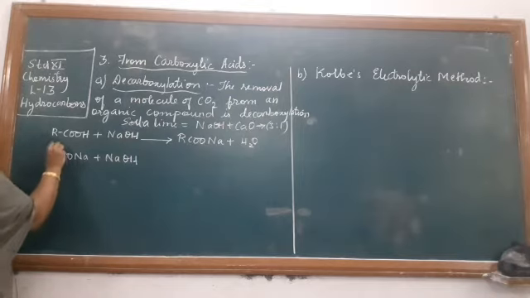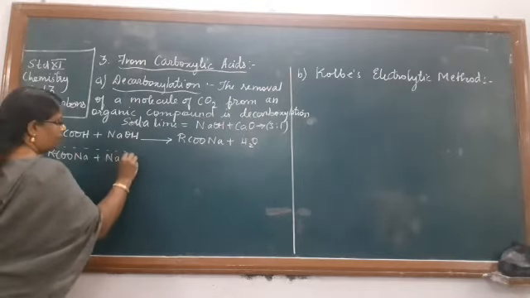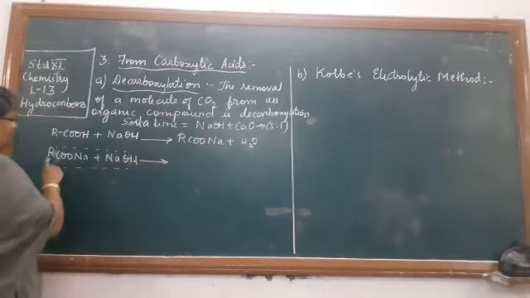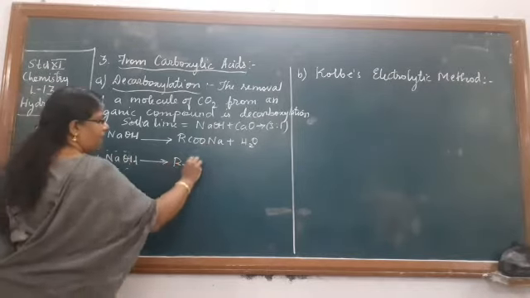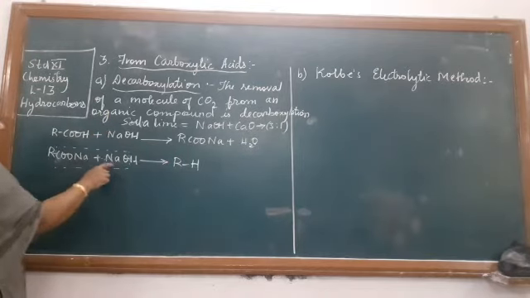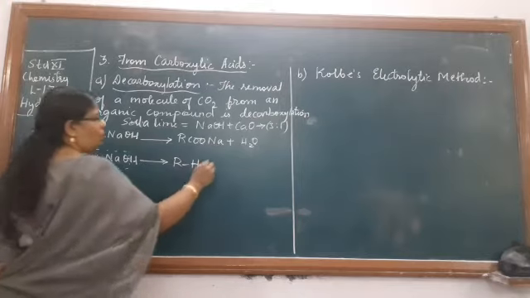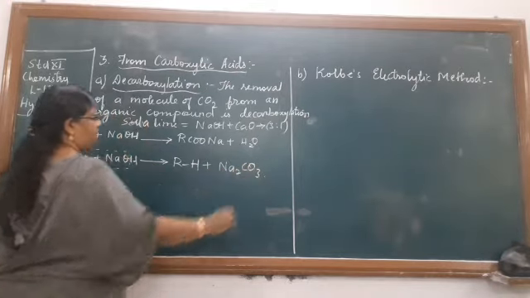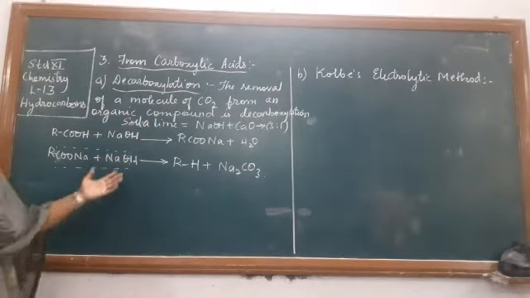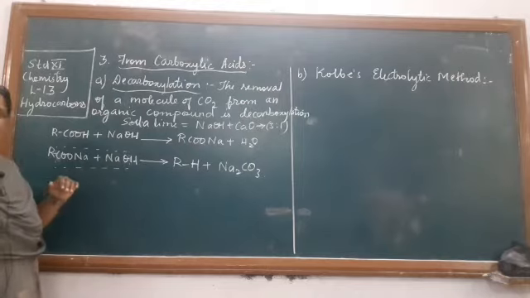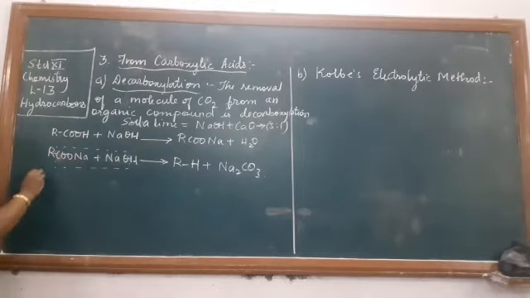The bond breaks from here, and you get the corresponding R-H, an alkane, and what is taken out is Na2CO3. So this is the reaction which we call the decarboxylation reaction. Okay, let us understand with an example.